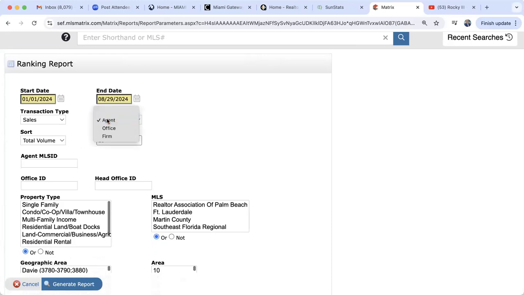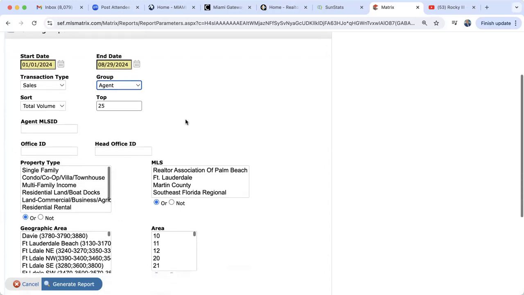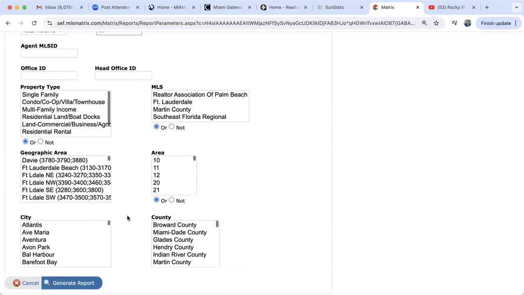Or if you click on agent and you know our elite office ID, which is EOVR01, you can put it in and run the report for our office, and you can see where our agents rank. So I'm going to do this for agents in a particular city, for example.